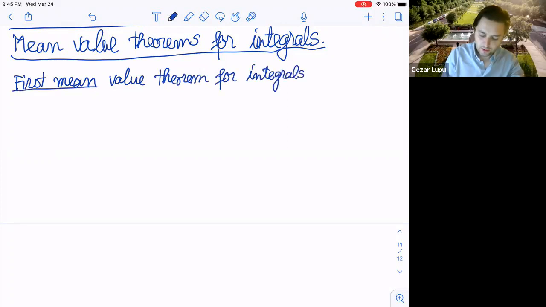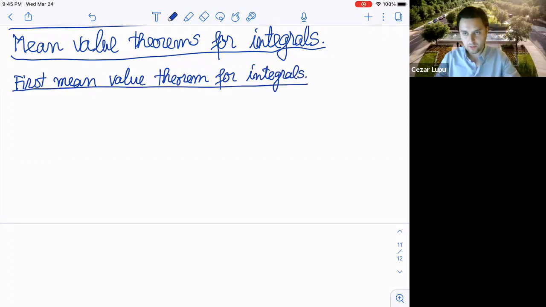Basically, this is just a version of the classical mean value theorem, but this time instead of stating it for differentiable functions, it will be applied for the antiderivative, and it has the following statement.